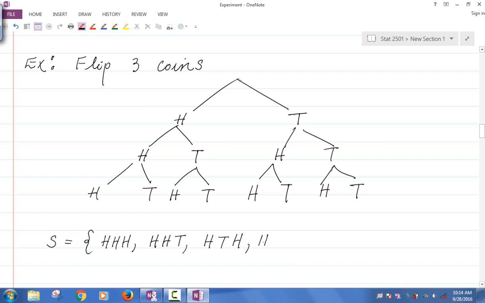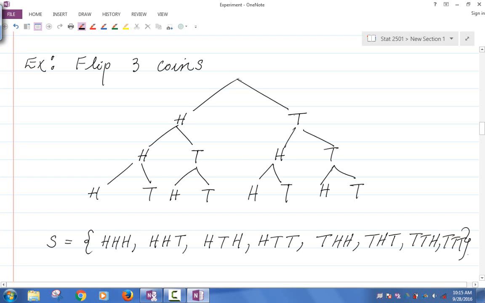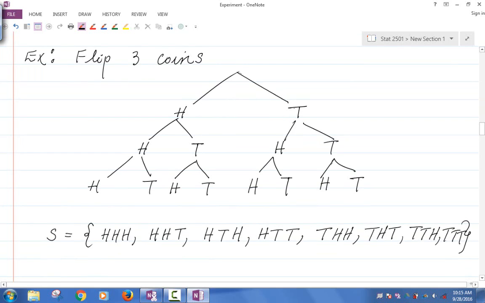I can get HTT, or I could get THH, THT, TTH, TTT, right? Is everybody okay with that? So those are the possible outcomes from the 3 coins.